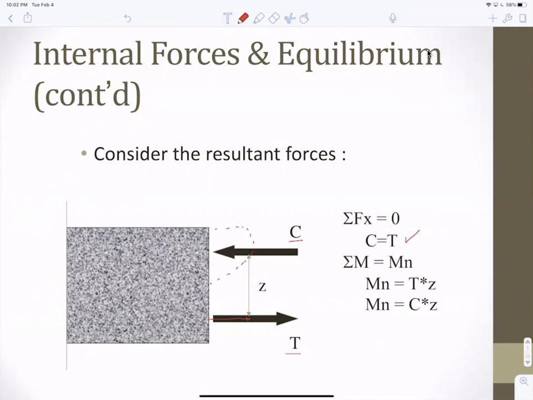And the moment due to a couple is just either force times the lever arm between them. We're going to call that Z. So the moment, Mn, that's being applied to the beam is resisted by this compression and tension couple. And that will be just T times Z or C times Z. They're the same because T equals C.